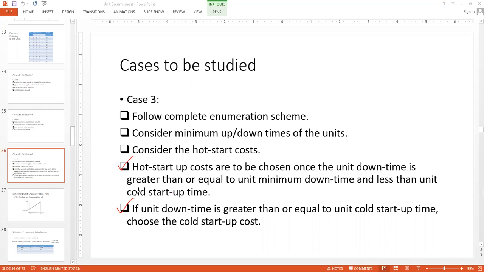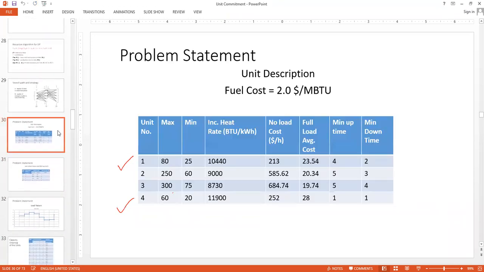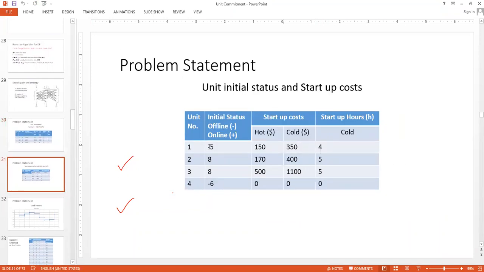The cold start cost we should take whenever the unit has been turned off for a long duration. Let's say for unit number 1, we should take cold start cost if it has been turned off for 4 hours or more.